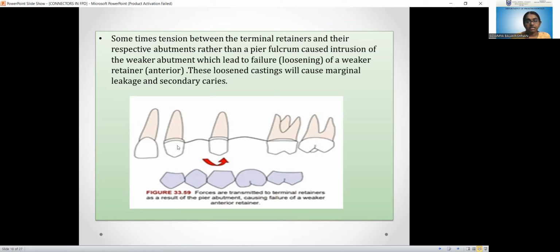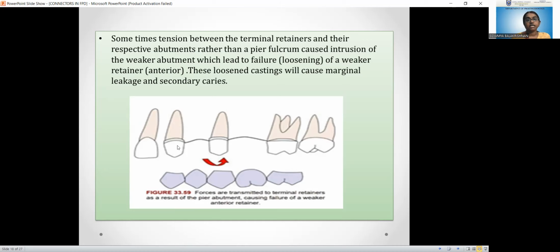So there are two thoughts in this case. One is that when the masticatory load happens, forces are transmitted from the terminal abutment mesially, and the pier abutment acts as a fulcrum, finally causing loosening of the weaker anterior retainer.